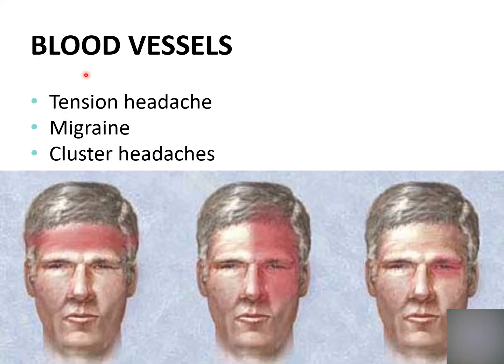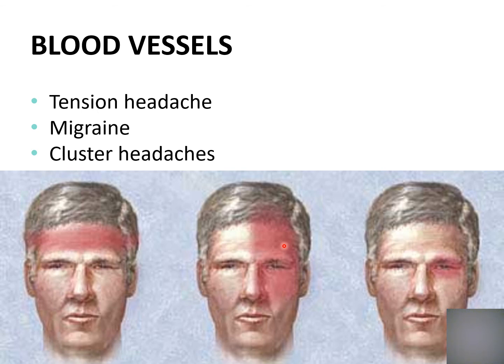Facial pain may have a vascular basis. Examples of vascular pains in the head and neck region include tension headaches, which are common and involve the frontal and temporal regions bilaterally, and migraine, which involves the frontal, temporal, and periorbital regions unilaterally, more common in females, particularly in the third to fifth decade. Migraine is often caused by vasoconstriction of the cerebral arteries, and pain is observed during compensatory vasodilatation of the cerebral arteries.